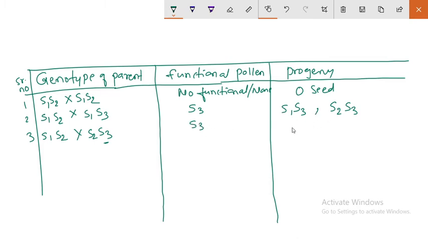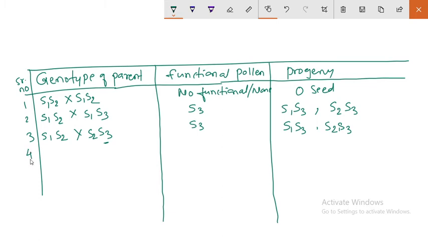So it produces the organisms S1 S3 and S2 S3. So these organisms will be produced.